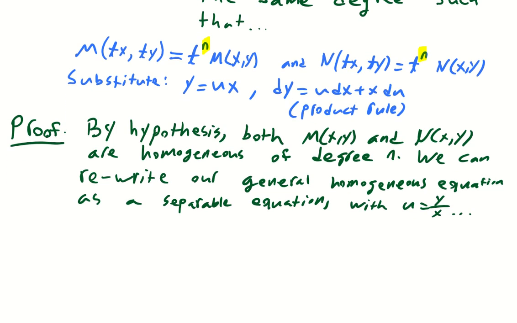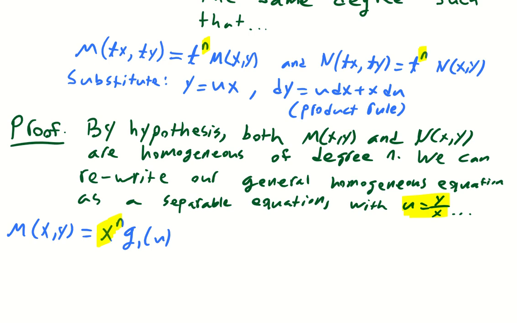So the first thing to note here is that for M(x,y), we're going to say this is equivalent to x to the n power times g sub 1 of u, because we're saying that u is equal to y over x. The key here ultimately is that we're able to factor out x to the n power, and this ultimately allows us to separate our variables.